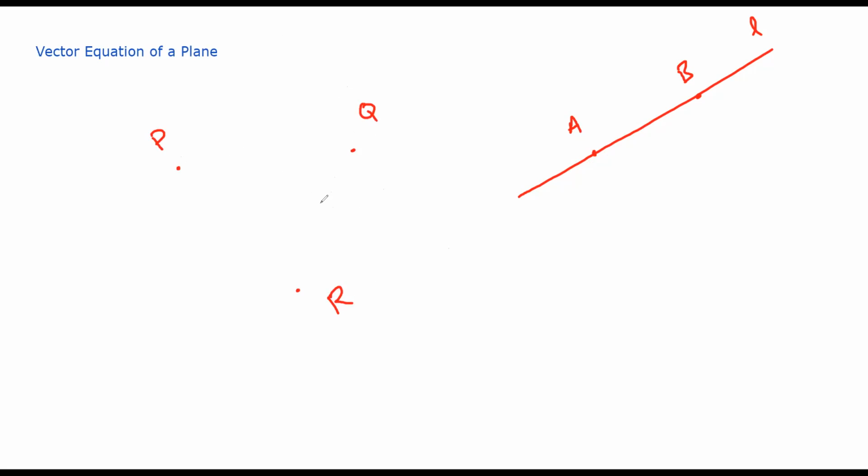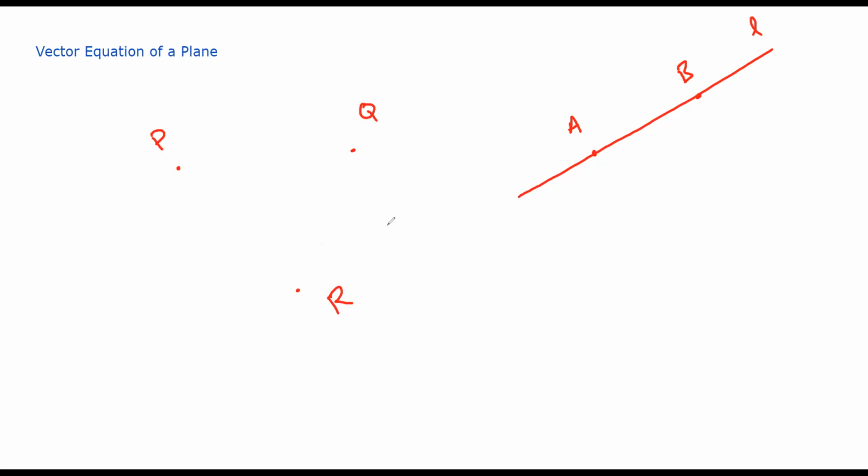There can be infinite planes which contain this point O, or many planes which contain the points PQ, or the points QR, or the points PR. But there's just one plane in the whole universe which contains these 3 points P, Q, and R. Do you agree with this or not?